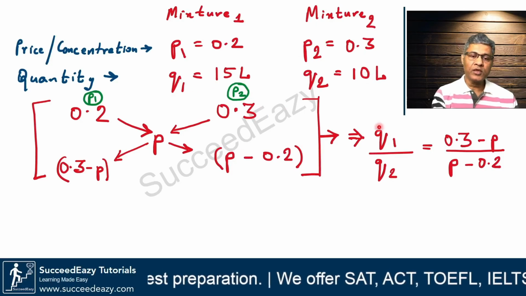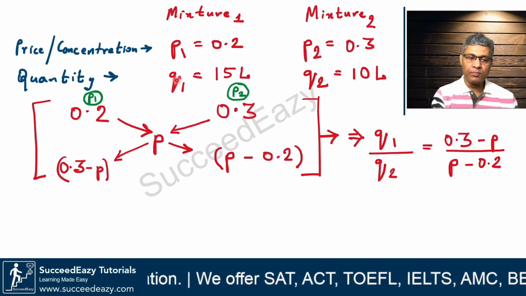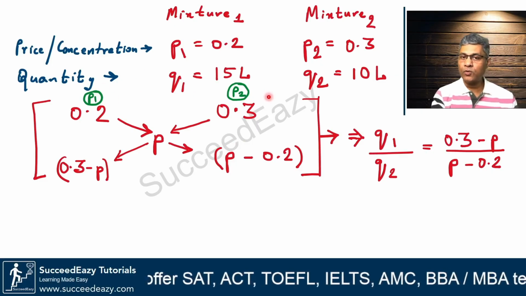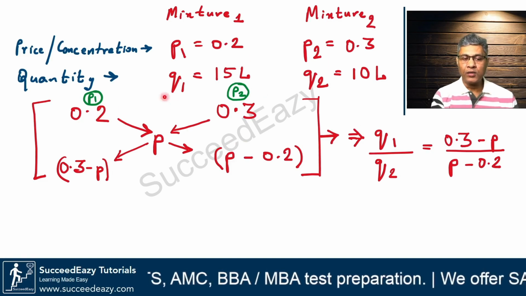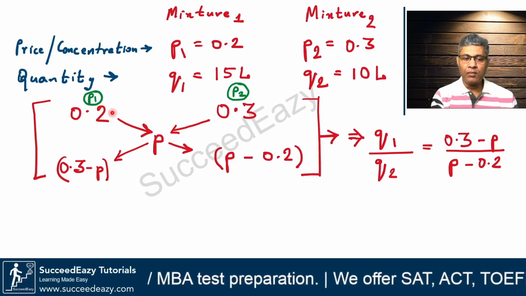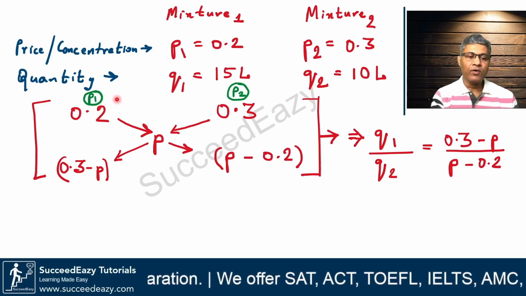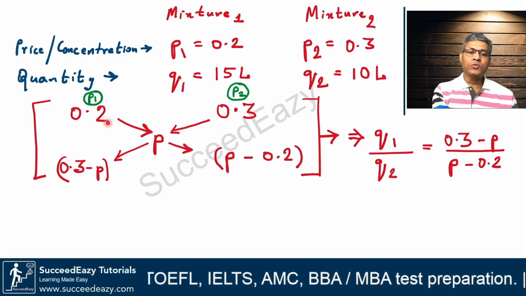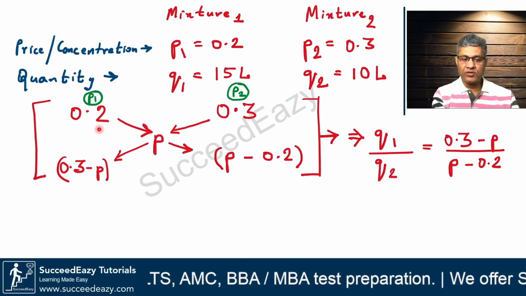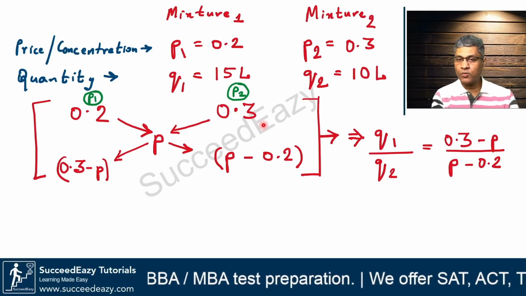Then what you do, the trick is, you keep P1 on one side and P2 on the other side, okay? So P1 is 0.2. On the left side, generally I put P1, but it is not essential. But going forward, taking P1 on the left side, I put the concentration 0.2 here, and on the right side P2 as 0.3.